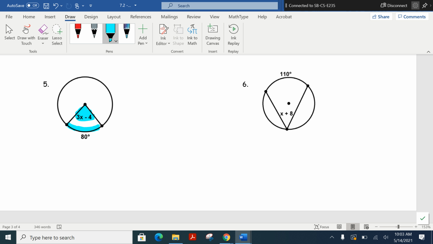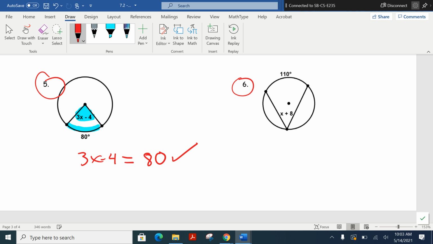So those should be equal to each other. So the idea of saying they're equal to each other is where our equation comes from. The central angle of 3x minus 4 should equal the arc of 80. So let's do that now, because you can solve this. I can trust we can all solve that.